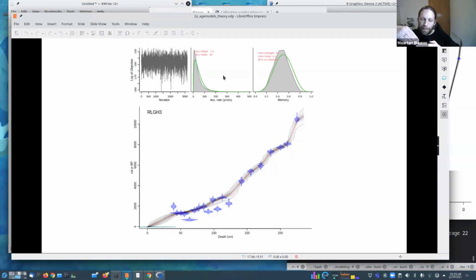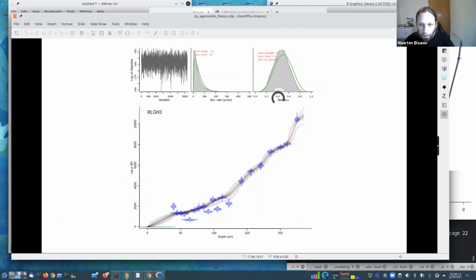So how much can the accumulation rate change from one depth to the other? That's the memory. This memory can be very close to 1, and then there's a very large memory. So the accumulation rate at one depth will tell what the accumulation rate at the next depth will be, so your core is almost accumulating in a very straight line.